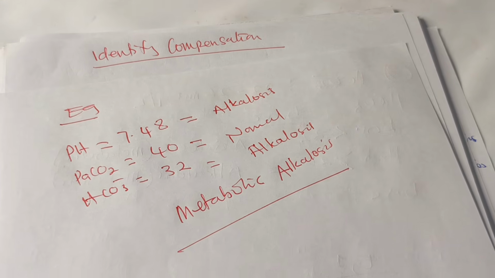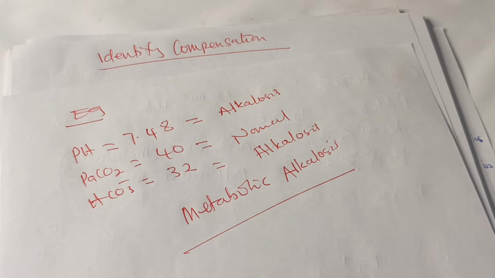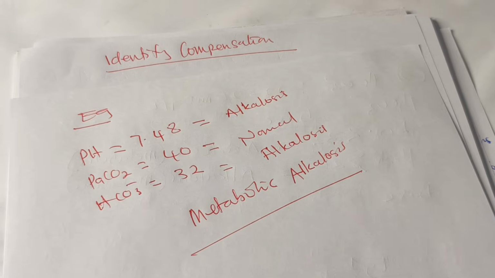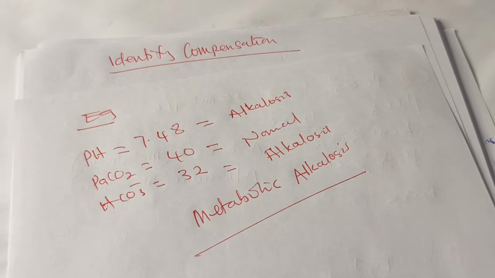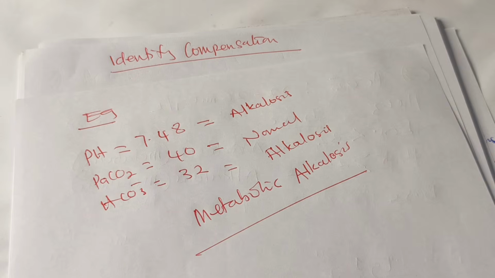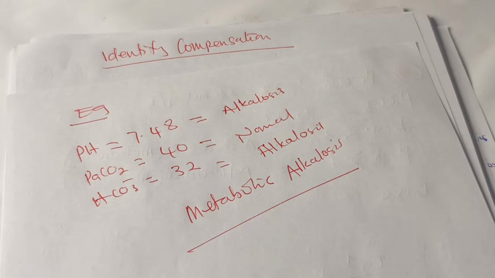So for example, this one I'm showing on the screen right now, you can see that the pH is abnormal, and then the problem is coming from the bicarbonate. But look at the carbon dioxide, it's normal. It means that it has not responded. There's no response from the carbon dioxide, yet the pH is abnormal.